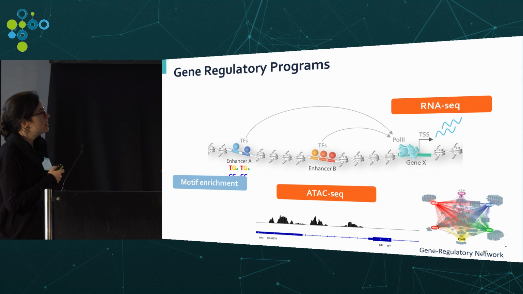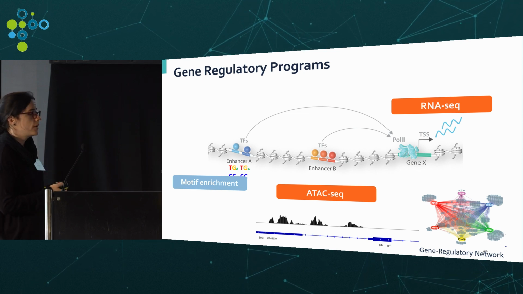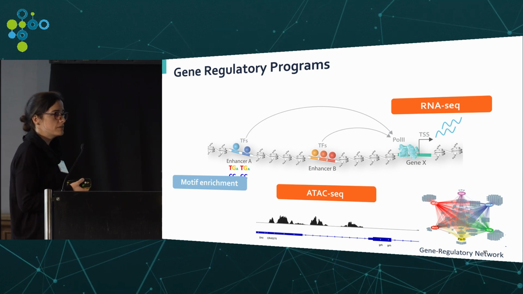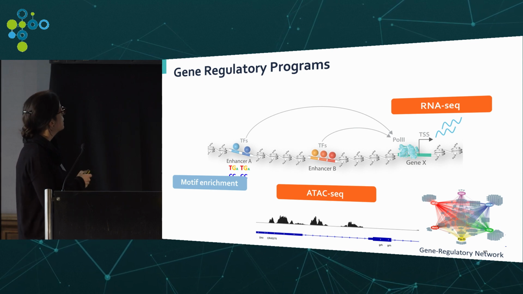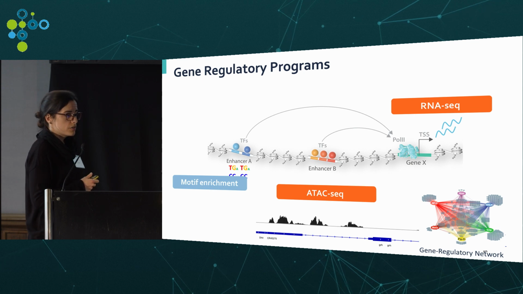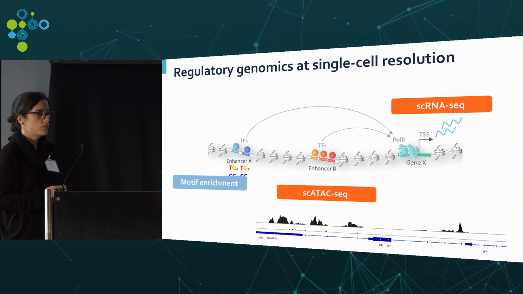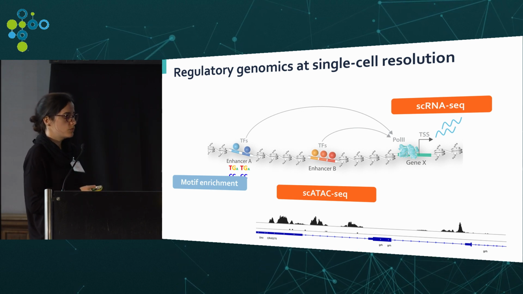In this way, genomic technologies such as RNA-seq and ATAC-seq, which allow us to profile the transcriptome and chromatin, have been very useful to reconstruct gene regulatory networks, specifically in combination with motif enrichment tools. Of course, with the new advances in single-cell technologies, we can now get more resolution and higher scale regulatory networks.